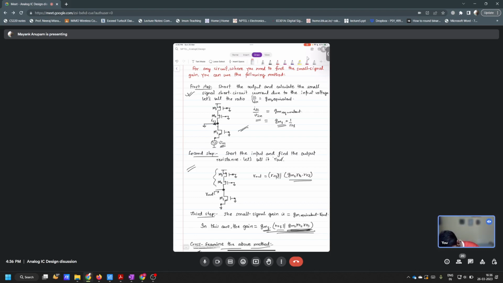This terminal is shorted, simply grounded, and this terminal is also grounded. What is the small signal current flowing in this MOSFET? GM times VGS, isn't it? And the direction of flow is downwards. Correct.